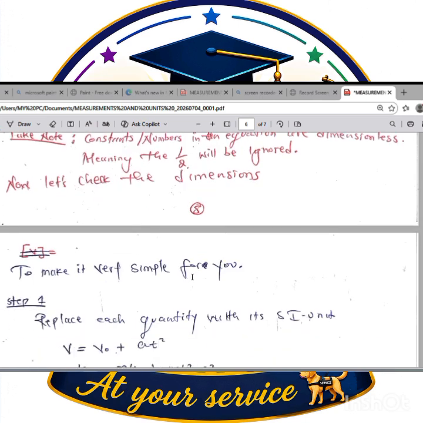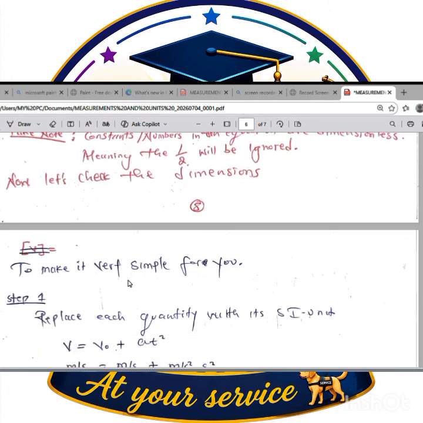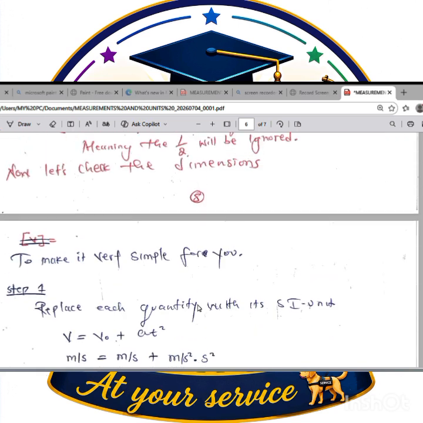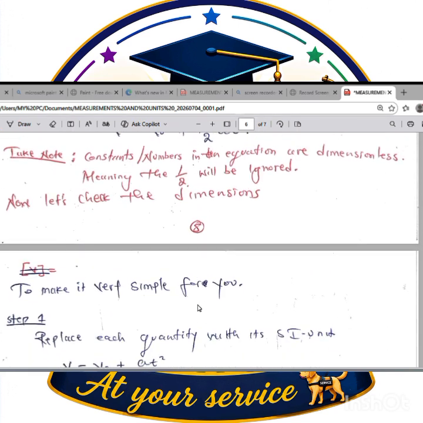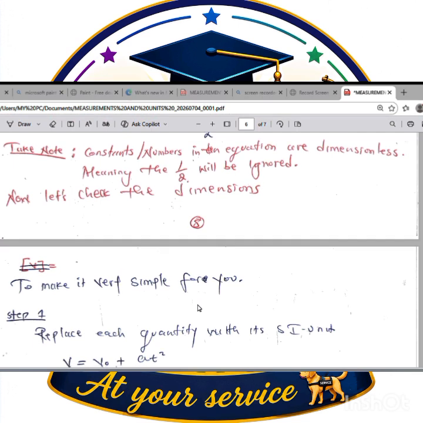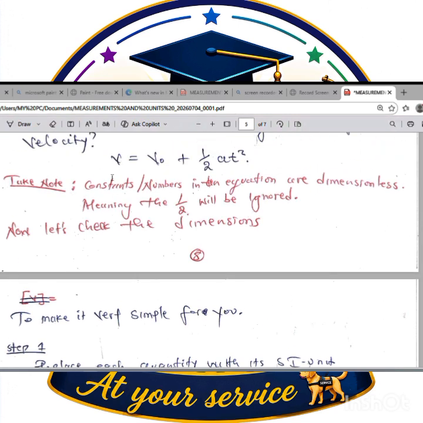Now let's check the dimensions of the given equation. To make it very simple for you, step one: first and foremost, replace each quantity with its SI unit. We all know that the SI unit of velocity is meter per second. Then this is V naught, which is the initial velocity. The half here, we'll ignore it.